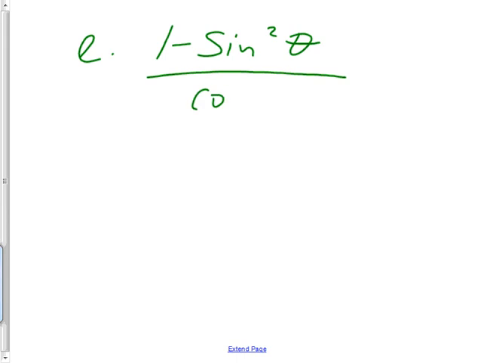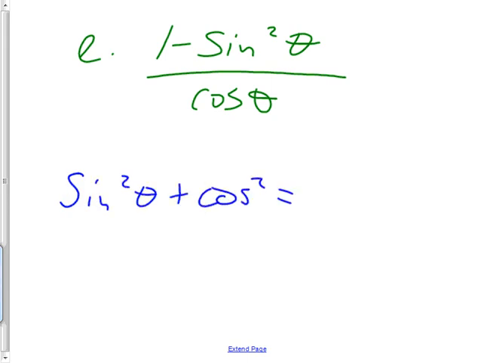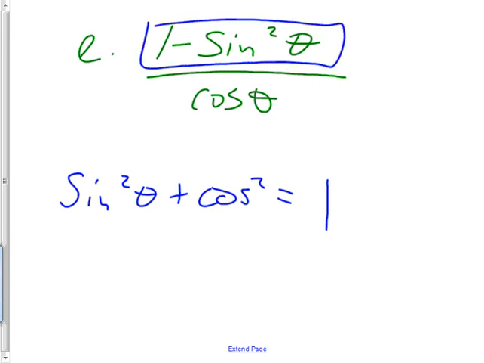E is 1 minus sine squared, and I hope you can recognize that anytime you see sine squared, there's an identity for that. What is 1 minus sine squared? Well, the only thing that has sine squared in it is sine squared plus cosine squared equals 1. So if I want 1 minus sine squared, I put this sine squared over to the other side like this, and then I'll have 1 minus sine squared.